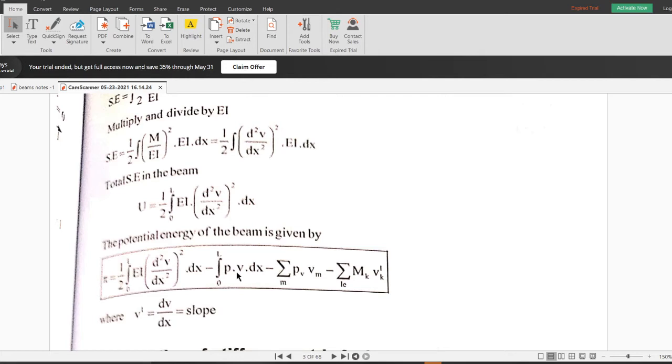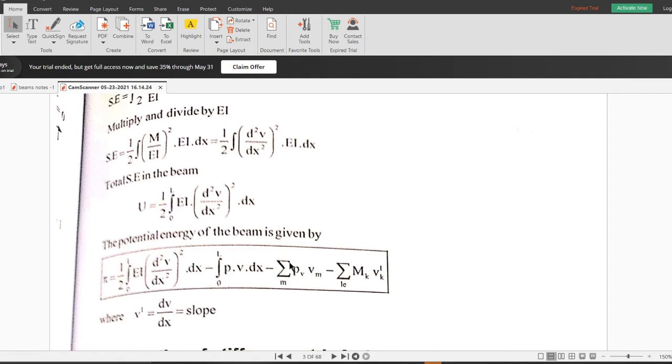We are going to take the work potential equation for those conditions directly. This is the integration from 0 to l of pv into dx, where p is the load and v stands for volume.